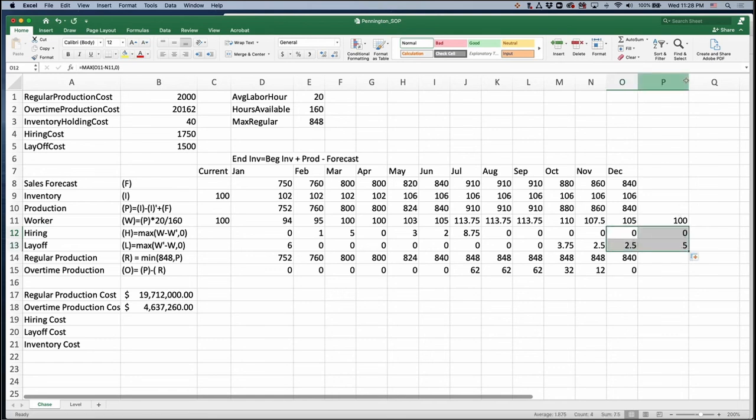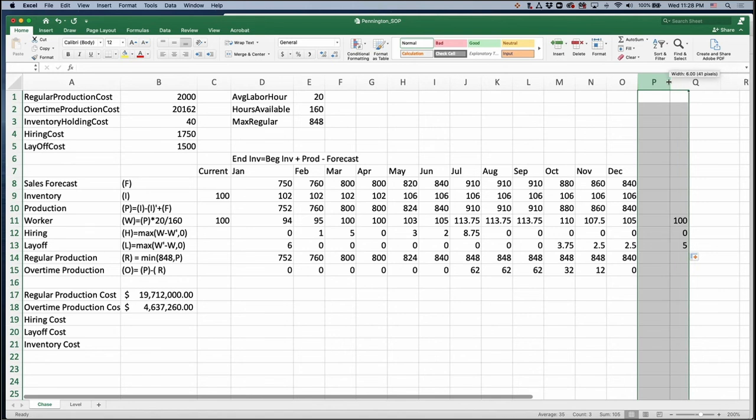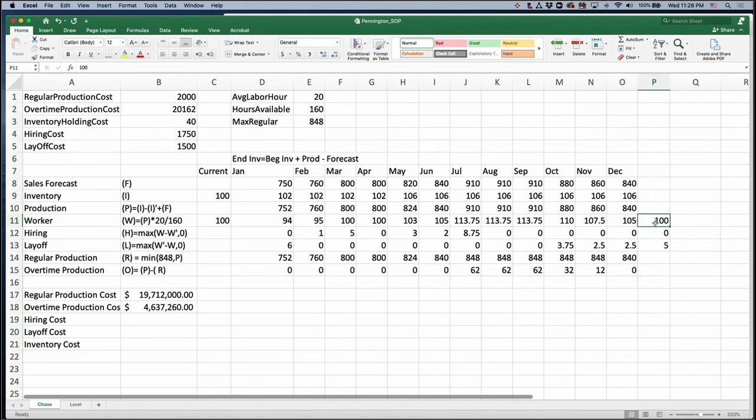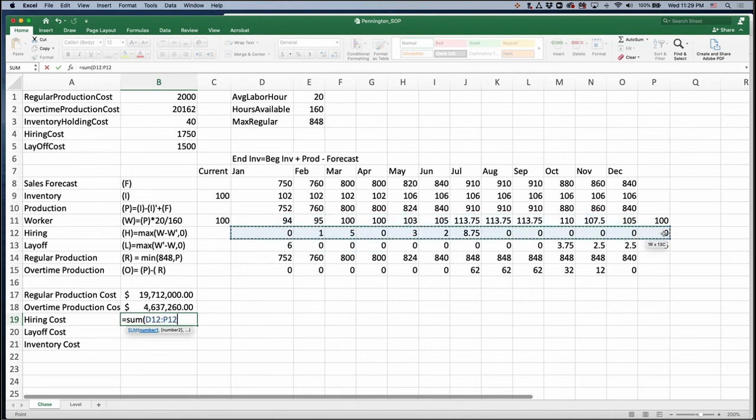Again, you can add all these hiring quantities, the hired people, and compute the hiring cost using the hiring cost from this worksheet. For the layoff case, you add all these layoffs and compute the layoff cost from this worksheet.